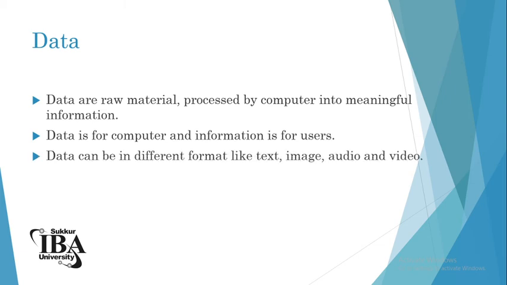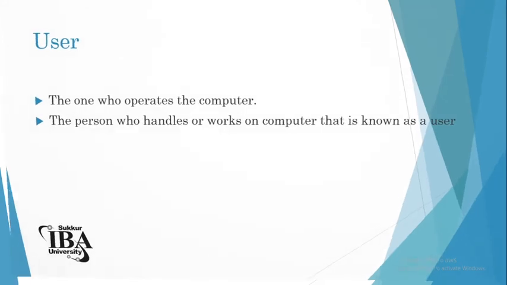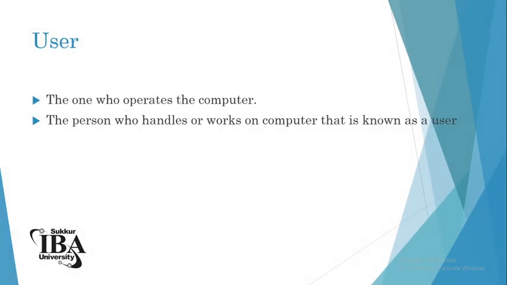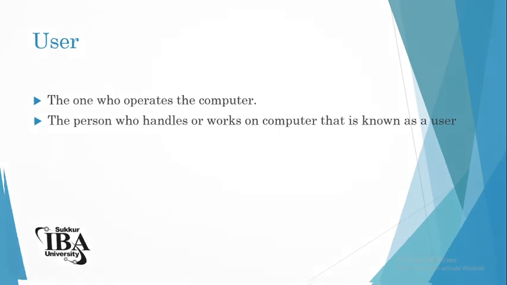Data can be in different formats, like text, image, audio, and video. And last, the user: the one who operates a computer, the person who handles or works on a computer, is known as a user. As I am now working on the computer, I am a user. So if you are using a computer, it means you are a user.